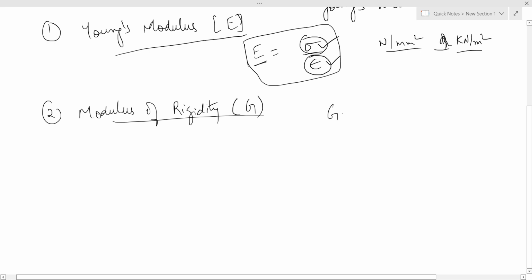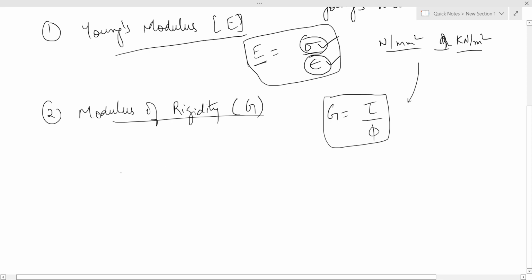So G equals tau upon phi. Tau is shear stress and phi is shear strain, and the unit is the same here, Newton per mm square or Newton per meter square or kilonewton per meter square.